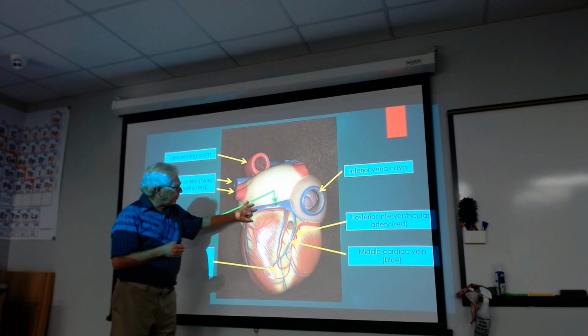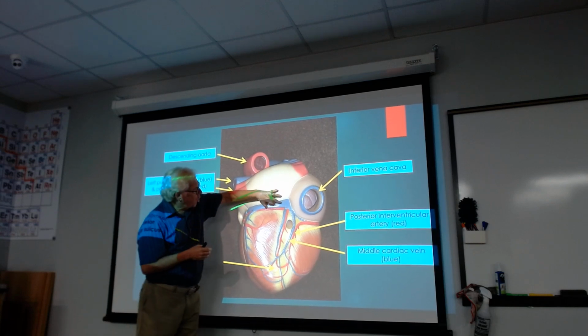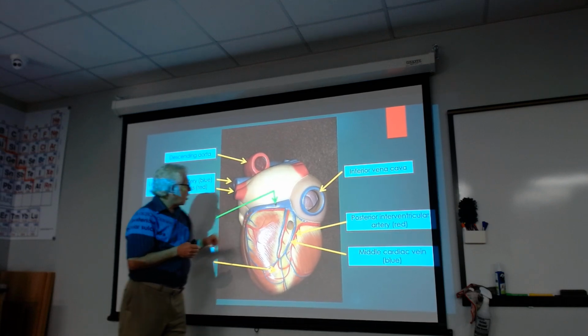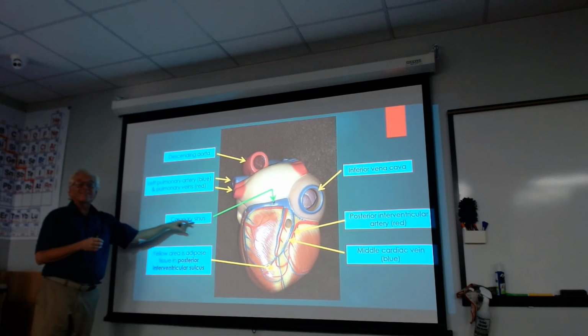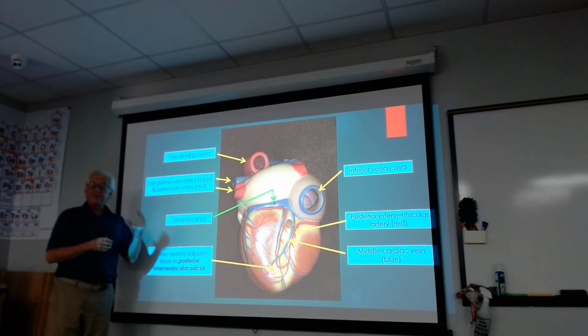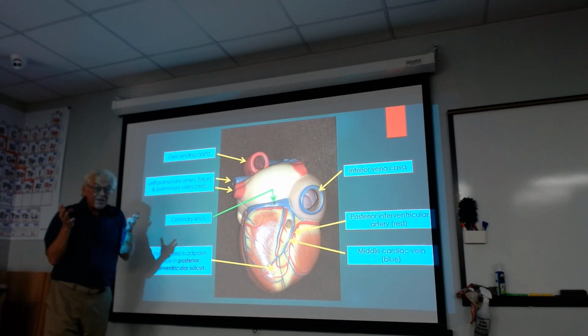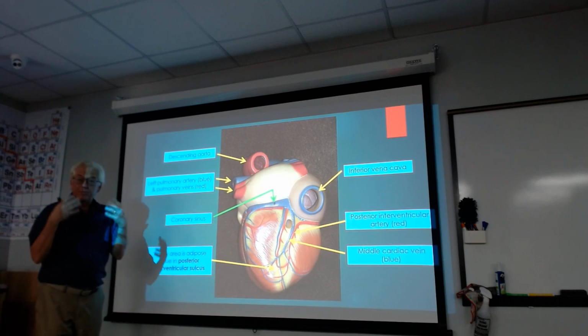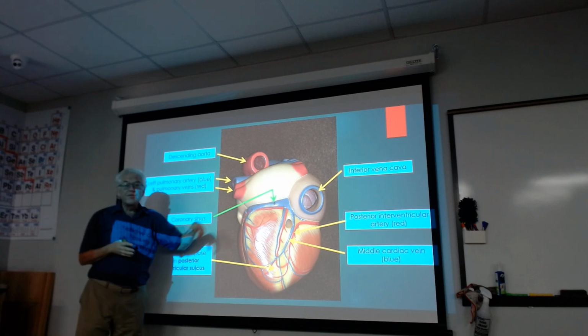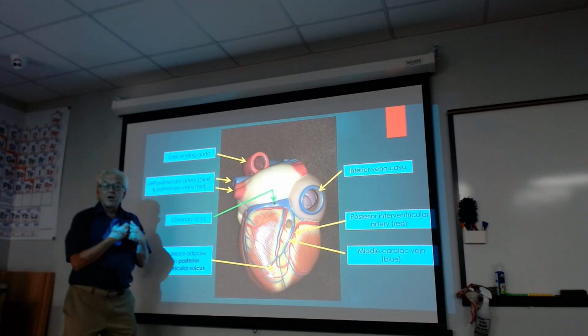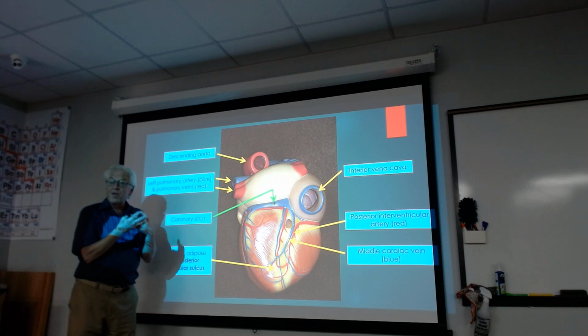This big blood vessel gets larger back here, and so we call this the coronary sinus. A sinus is a large venous vessel that collects blood. This is going to collect all the venous blood from your heart. Because remember, you're sending coronary arteries with oxygen.